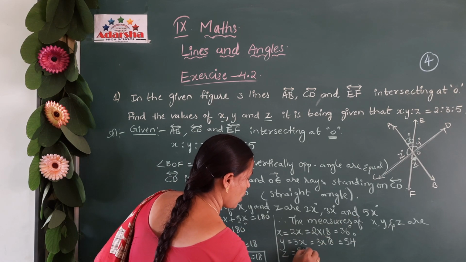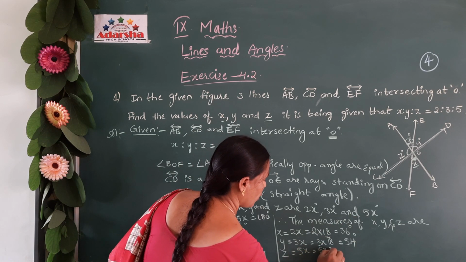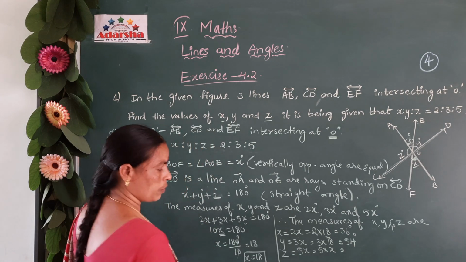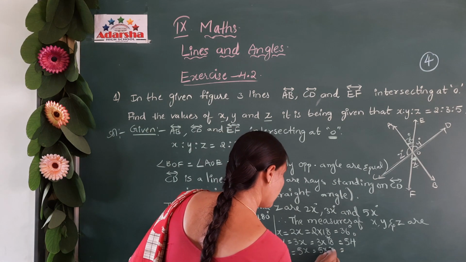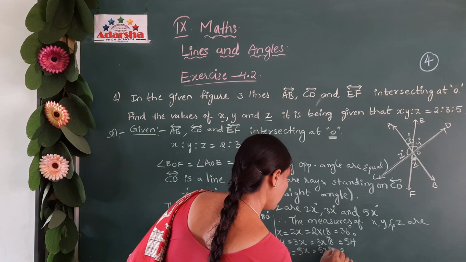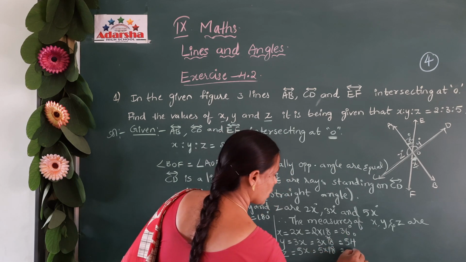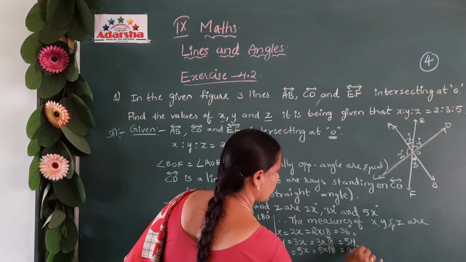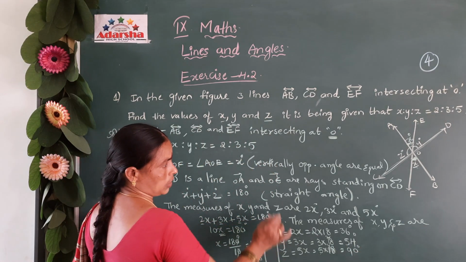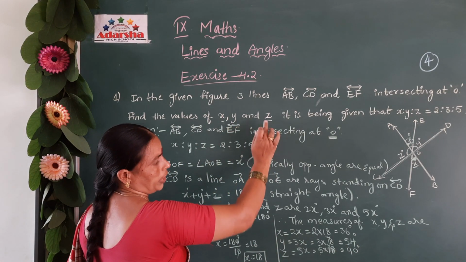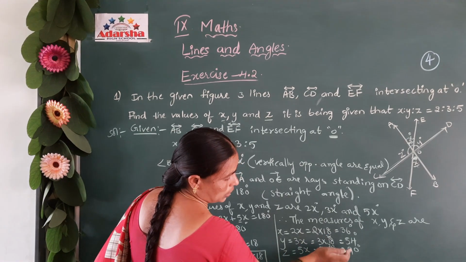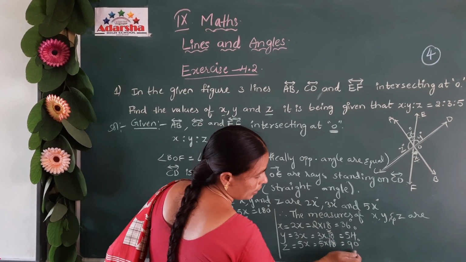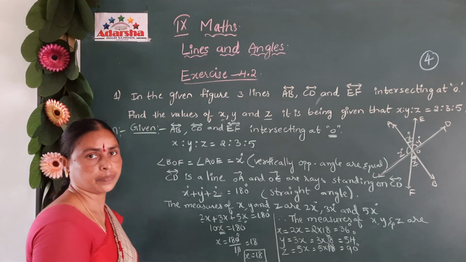So 5x is equal to 5 into x, and x is already 18. So 5 8s are 40, 5 1s are 5 plus 4, 90 degrees. The three angles X, Y and Z become 36 degrees, 54 degrees and 90 degrees.